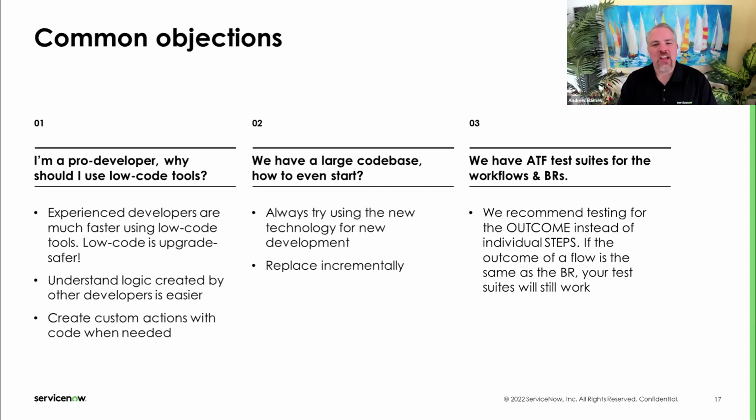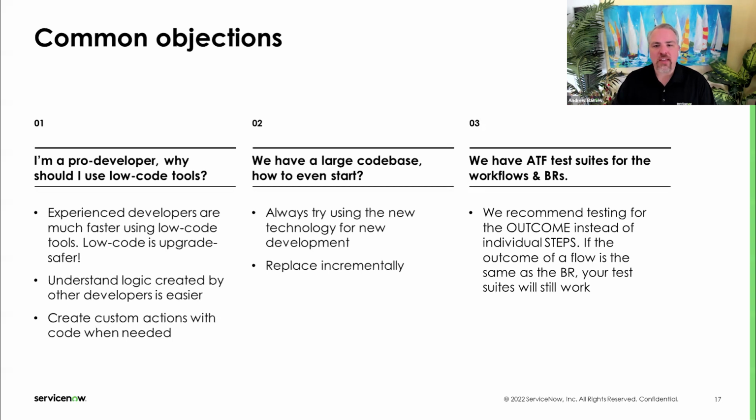Yep. And so you've got a large code base. How do you even start? So like the process we just outlined is a good way to target that, which is, do this incrementally, take it on piecemeal as you need to adjust things, and moving the new requirements into the new way is a good very first start.